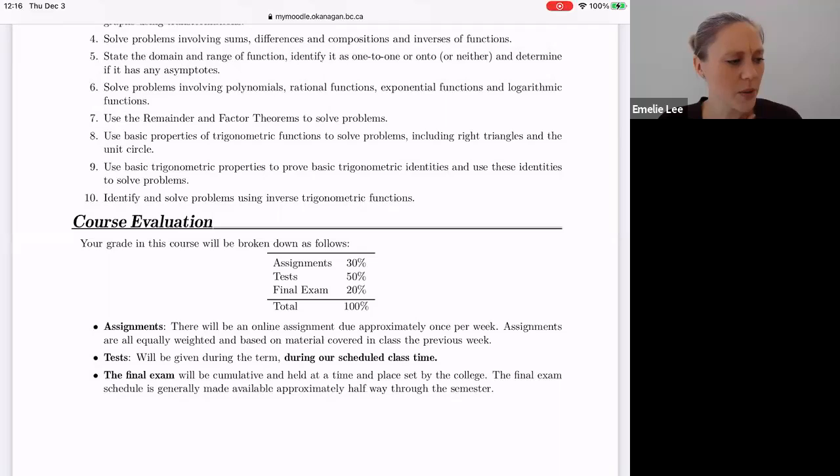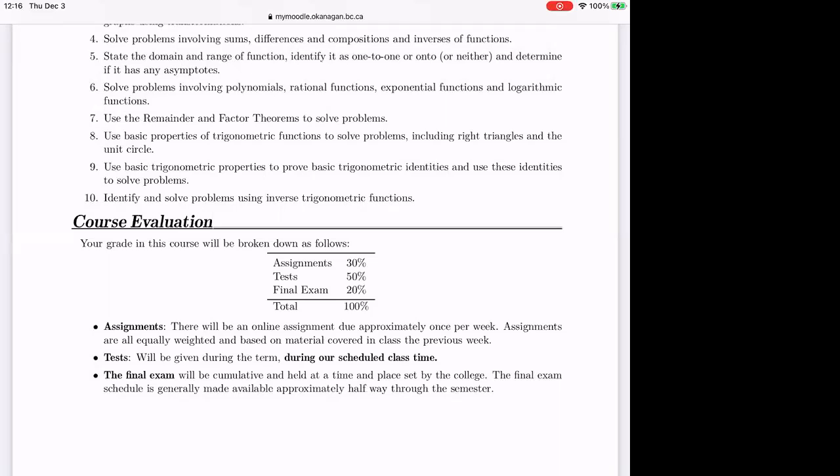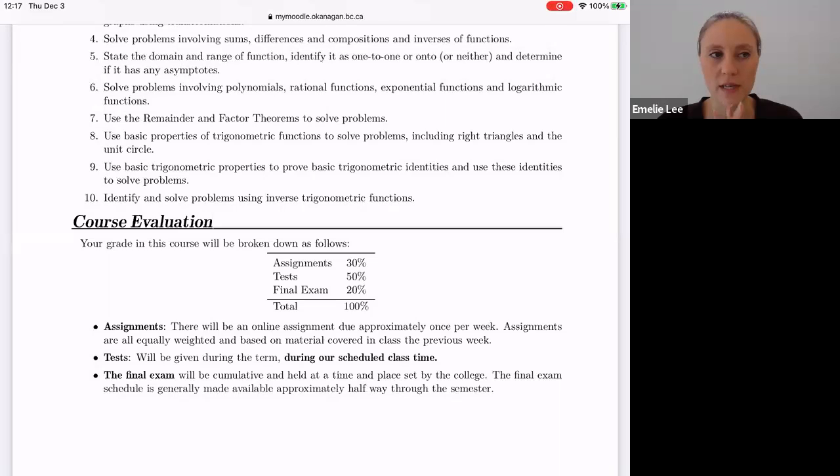I think I posted some. I'll post one for 6.2 and 6.4 as well, I think by tomorrow. Yeah, so there's some posted already, and I think I made them due for Friday, but the ones for 6.2 and 6.4, I'll make them due next Friday.